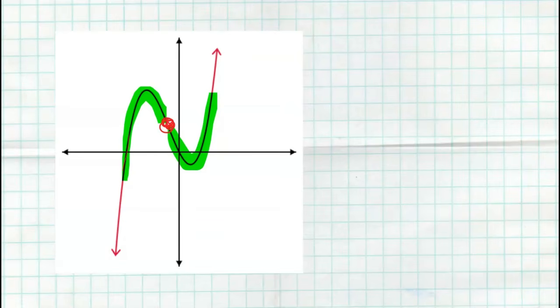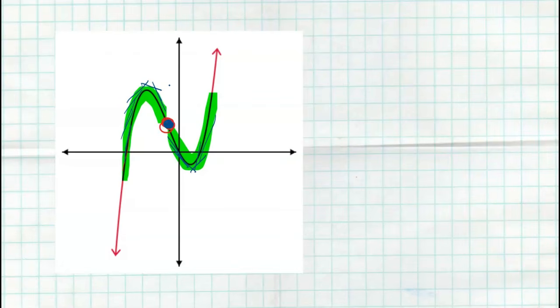So on this side, we see that we have a very, very positive rate of change, and then it becomes less and less positive, and then it turns the corner and becomes more and more negative. And that means that the rate of change is going down, which is why I'm concave down. But on the other side of that inflection point, I switch to concave up, where my rate of change is really, really negative, not so negative, and then it becomes positive and more positive, so my rate of change is going up, which means I'm concave up. That point in between is where we have a point of inflection, it's called.